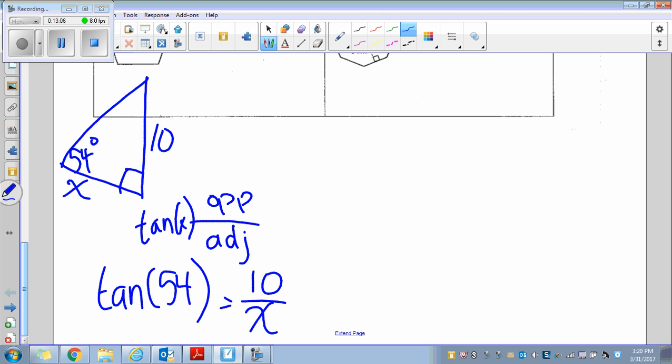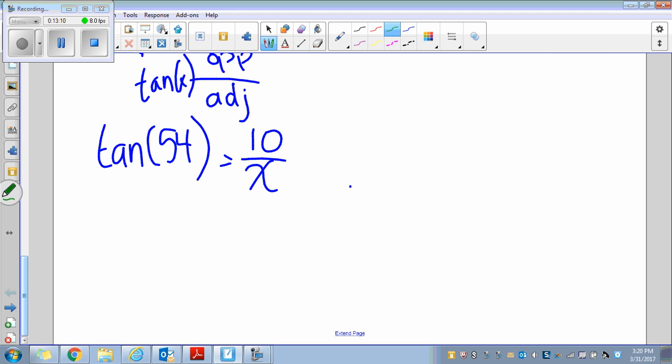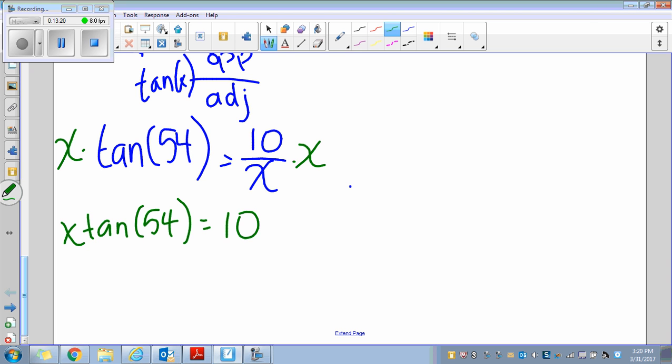Hopefully you remember how to solve these types of problems, but if not, I'll go through it. You have to get X out of the bottom. You have X tangent of 54 is equal to 10. You have to solve for X, so you divide by tangent of 54 on both sides.